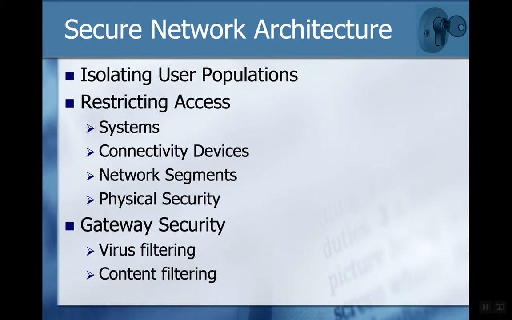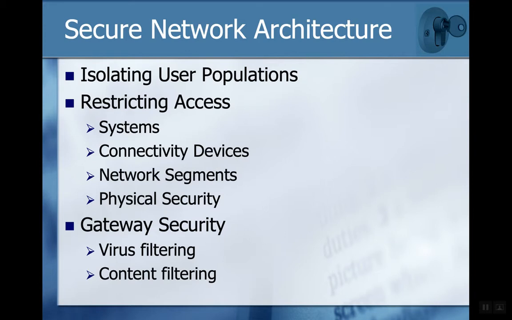A couple other things we see within network architecture: secure networking, isolating user populations and controlling access, which I think are two similar things, but once again very important. What you want to do is make sure that nobody really has unrestrained access to move across the entire network without being monitored and tracked.